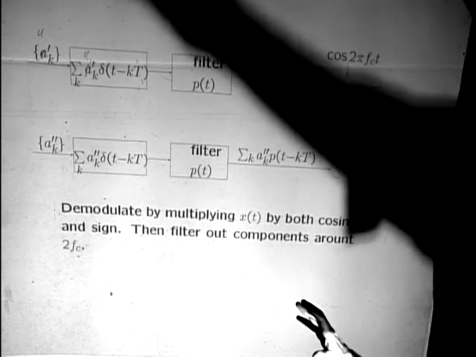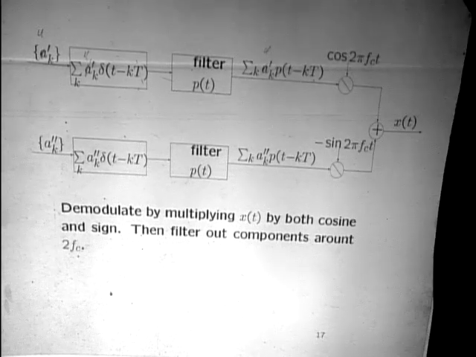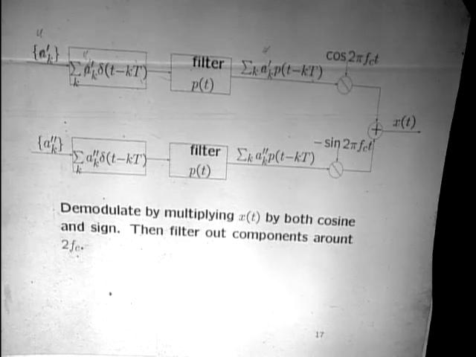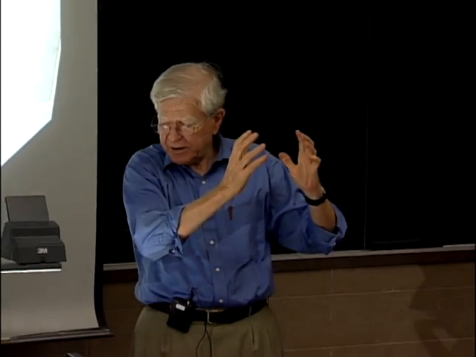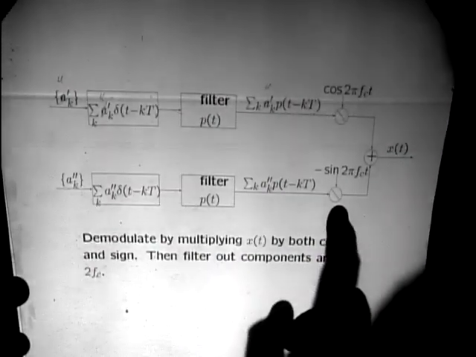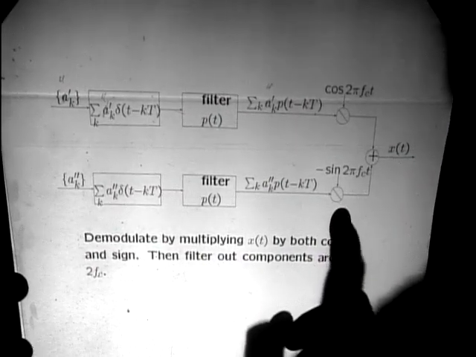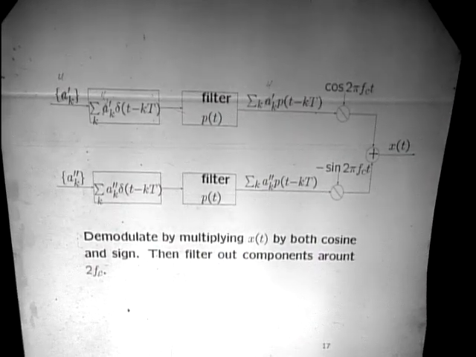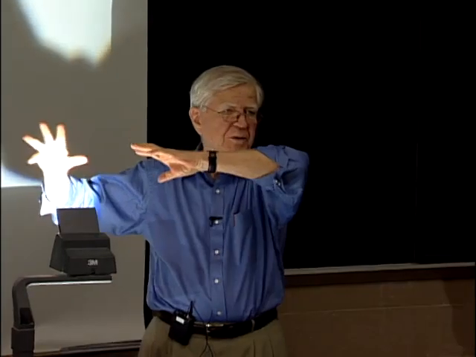Half of it goes up in frequency by f_c. The other half goes down in frequency by f_c. When you multiply by sine, the same thing happens. And all of the stuff at this double frequency term all gets filtered out.